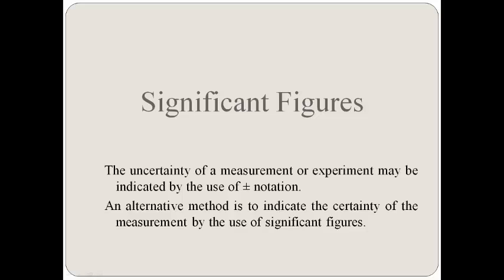So the uncertainty of the measurement or experiment may be indicated by the use of plus minus notation, or the alternative method is to indicate the certainty of the measurement by the use of significant figures. So we can either use plus minus sign, or we can use significant figures.